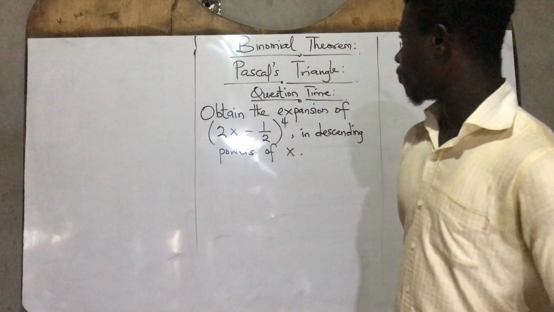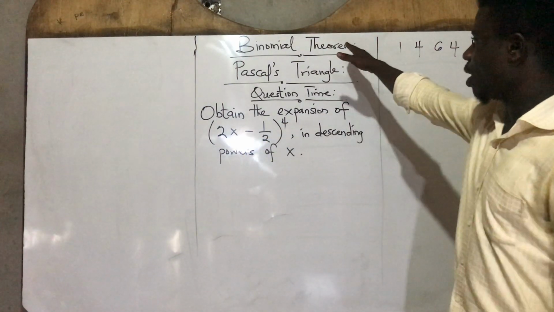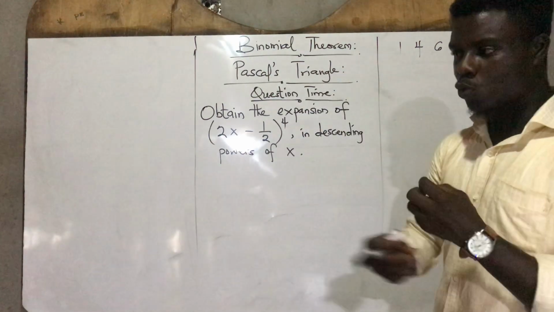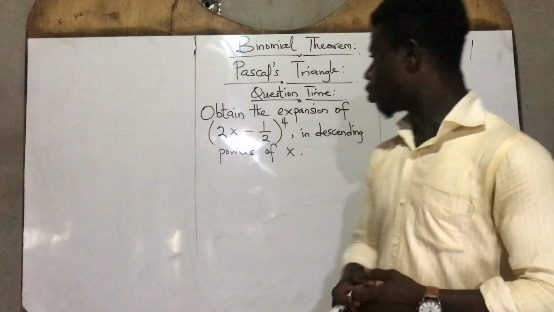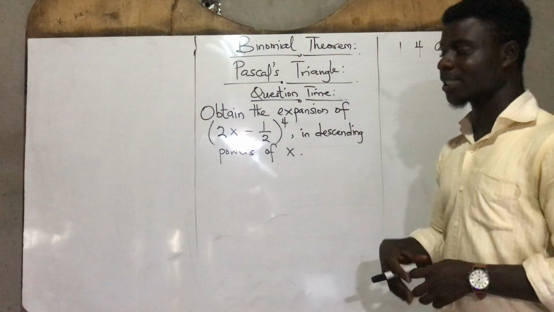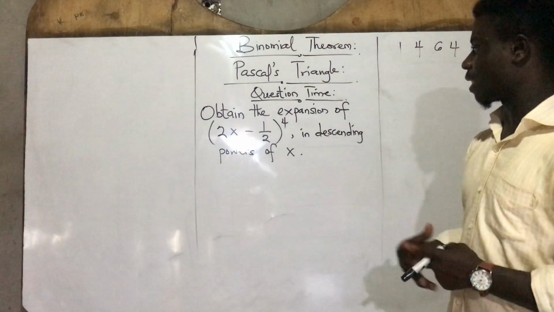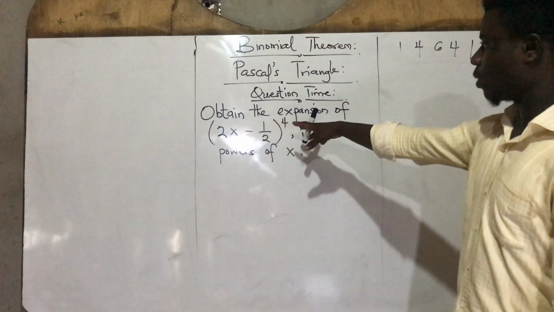Alright, so now, still on binomial theorem, we are still on the Pascal's triangle. I want you to understand more questions on using the Pascal's triangle to solve the binomial expansion. So now we have a question on the board.